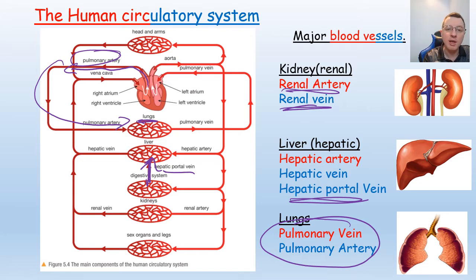The pulmonary vein is going back into the heart, away from the lungs, and therefore it's carrying oxygenated blood. And the Latin word for lungs is pulmonary, so anything to do with the lungs you will hear the word pulmonary used a lot.